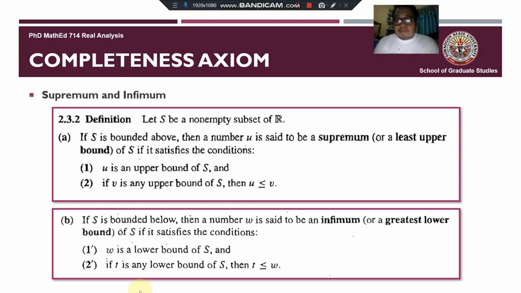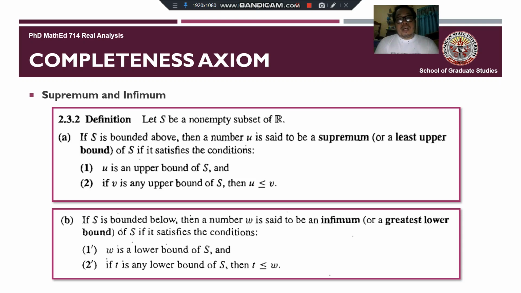Number 1, W is a lower bound of S. Again, it should be an element or a member of such bounds, particularly the lower bounds of S. Then for number 2, if T is any lower bound of S, then T is less than or equal to W, or that is W is greater than or equal to T.